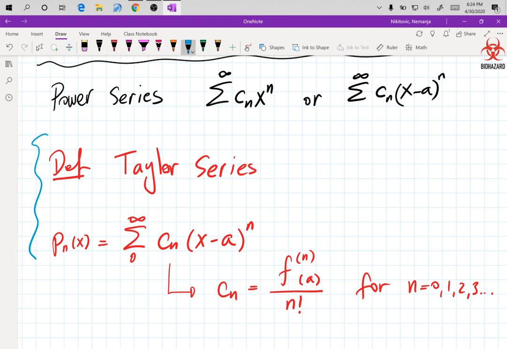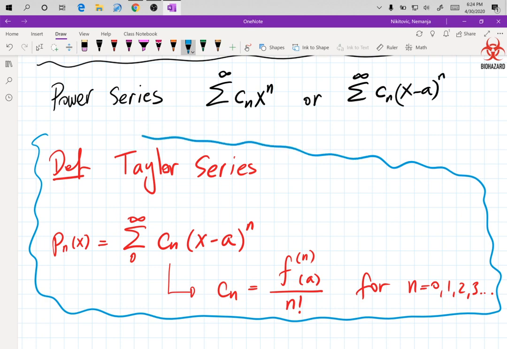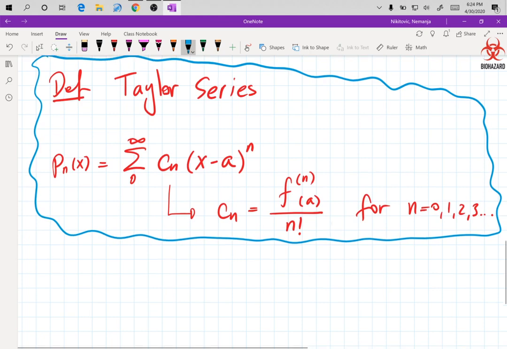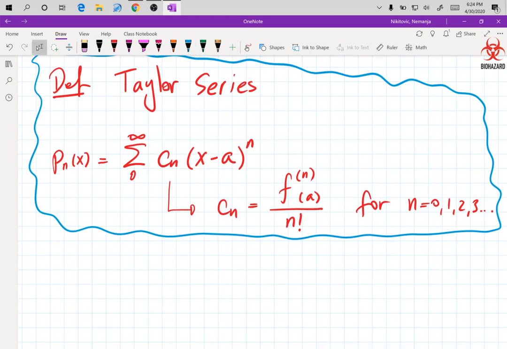This over here is your Taylor series. And we can convert functions into a polynomial using this.